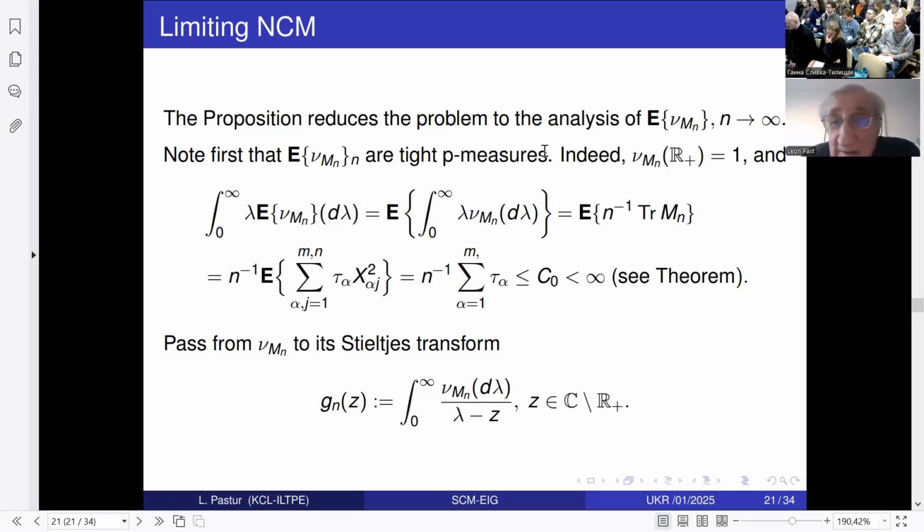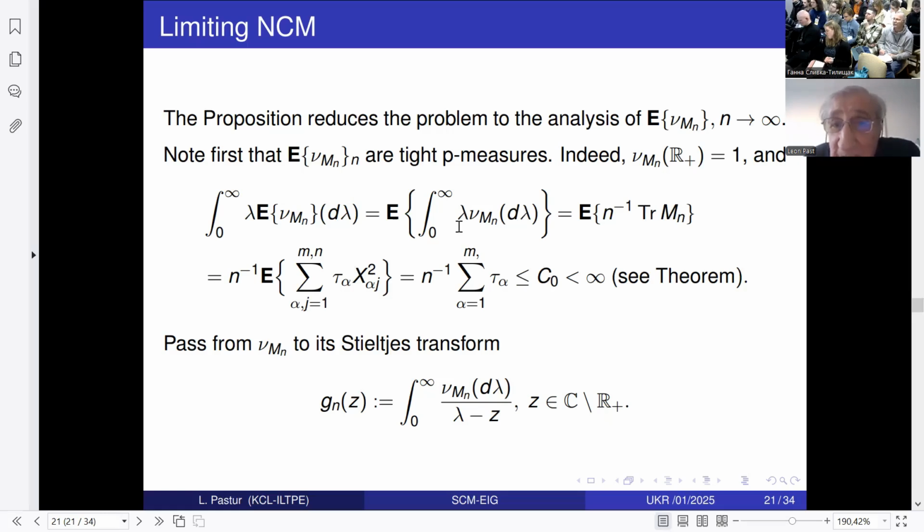It is easy to show, because let's compute just the first moment of our measure. Because expectation is a linear operation, and integration also, by Fubini's theorem you can interchange these two operations, and then it will be just the expectation of the first moment of the measure itself, not its expectation.